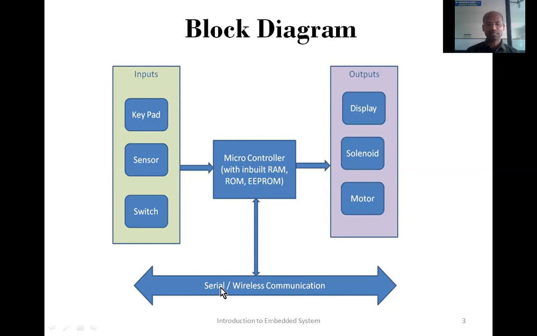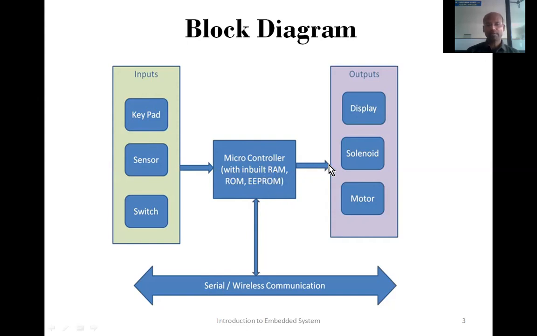Serial communication protocols include USB, UART, SPI, I2C, and wireless communication protocols, Bluetooth or Wi-Fi. So this is a simple block diagram of embedded system. Generally, this embedded system takes the data from external world through these sensors, and it processes the data in the microcontroller through a program, and it produces output.